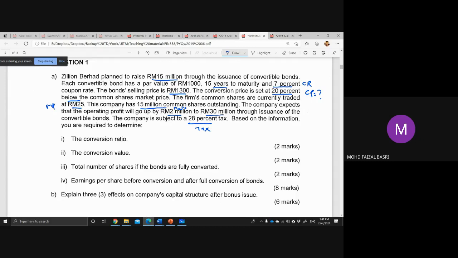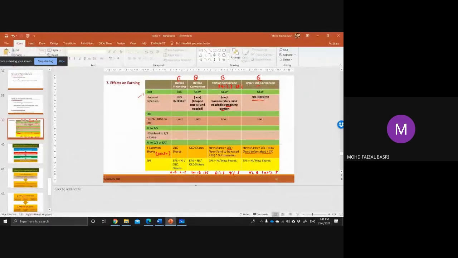Yeah, that's about it. Cari conversion ratio. But in order to cari conversion ratio, you need to know the conversion price first. Then find the conversion value. And this is new question: number of shares if fully converted. So this is based on amount to be raised divided by conversion price. Okay, so question number 3 ni sebenarnya kita guna formula ni, amount to be raised divided by conversion price.